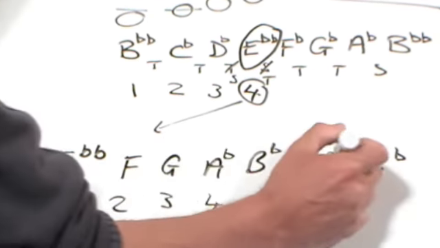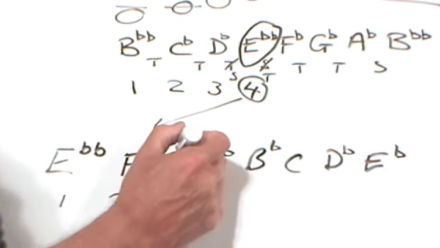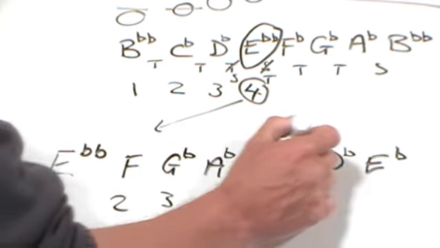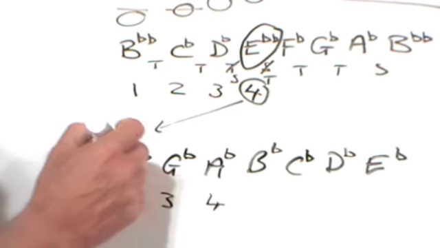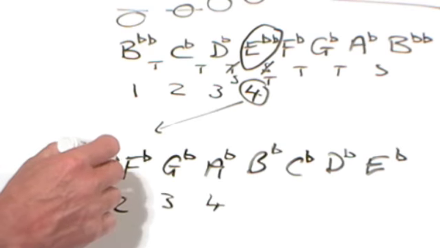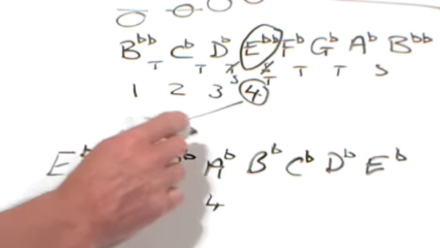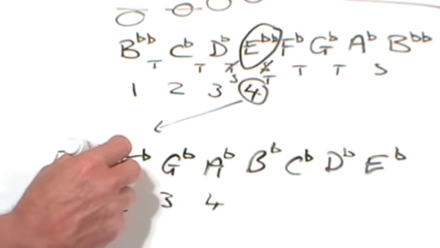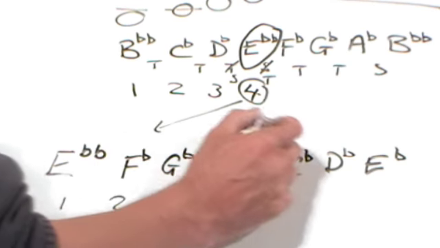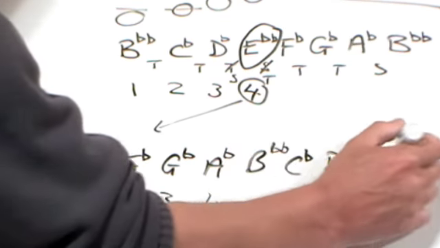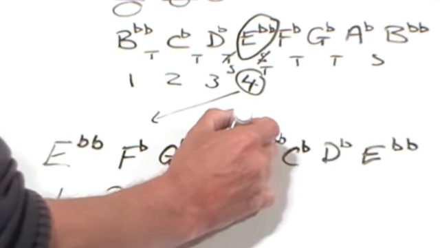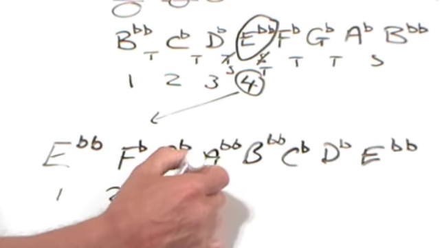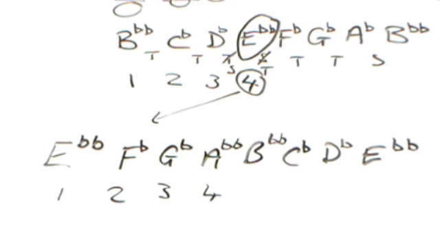Battle, ends, and down goes Charles' father. We've come to the end of the mnemonic, but we're still not back to note 4, so we keep going. Battle, ends, and down goes Charles' father. Battle, we add an extra B. Ends, we add an extra flat there. And now we've come to note 4, so that's where we stop.